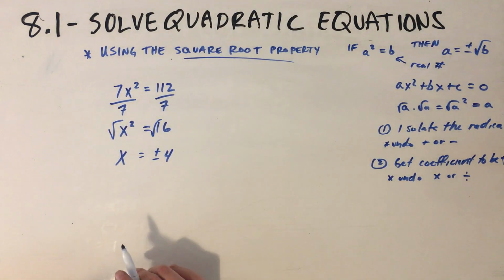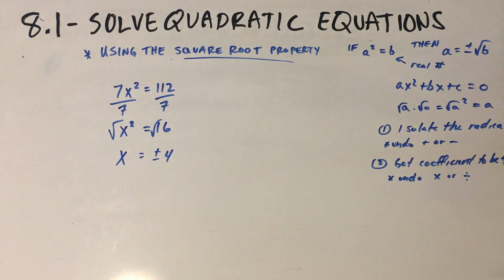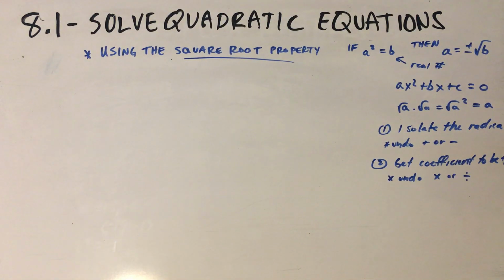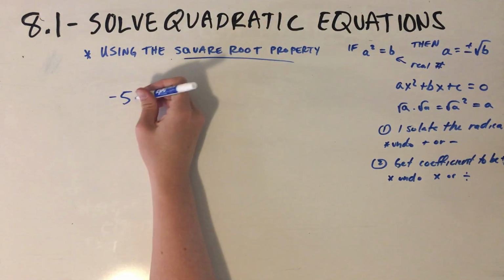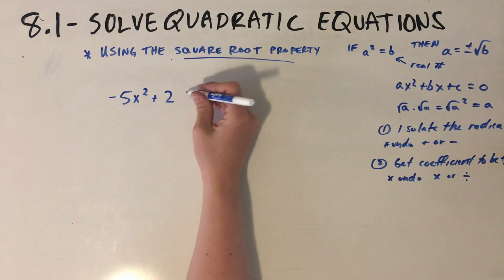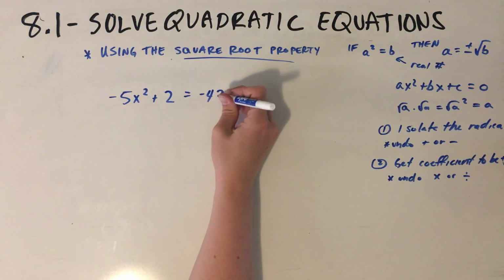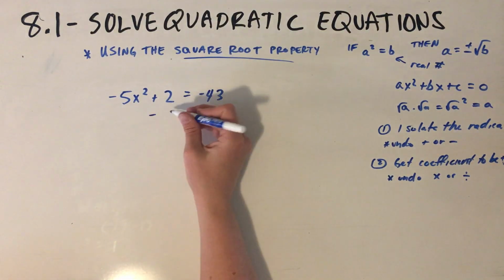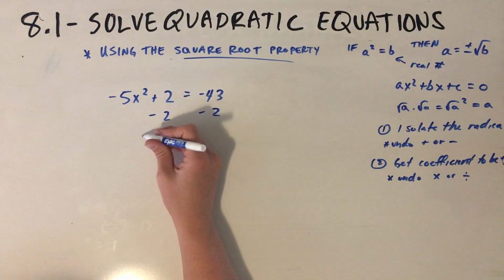Okay, but what if we have both the coefficient of the x squared term and something connected through addition and subtraction? Well, I'm just going to isolate it by subtracting the 2 from both sides.